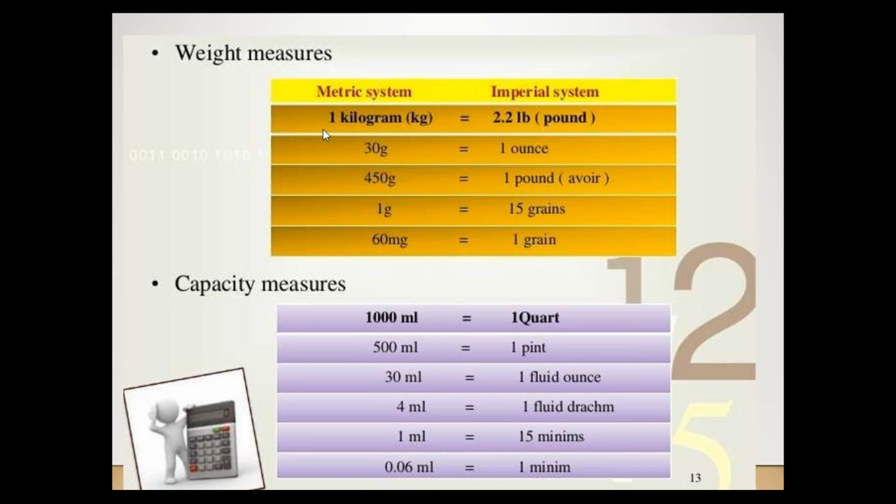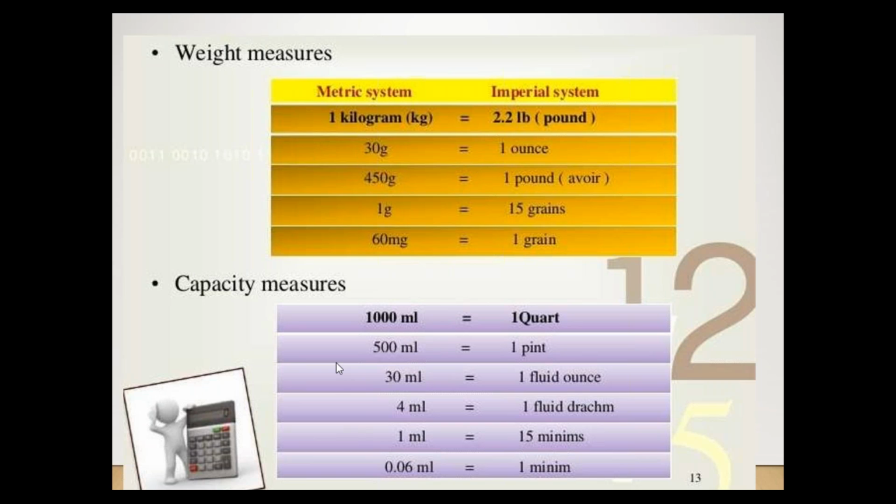Any other answer? Everybody is getting the same? Yes ma'am, correct. So 5 kg is equal to, you are supposed to multiply 2.2 into 5. Clear? This is how you have to calculate. From the metric system you are converting into the imperial system, or if they have written in pounds, you can convert back to kg also. So this was the weight measures.